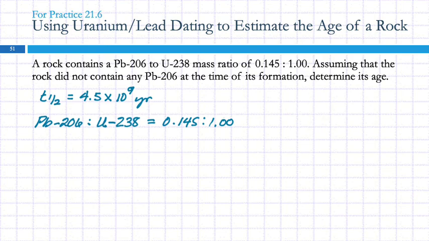This is a little more complicated than the radiocarbon dating calculation. This number is proportional to the number of lead-206 atoms, and this is proportional to the number of uranium-238 atoms. They do not have the same molar mass, right?